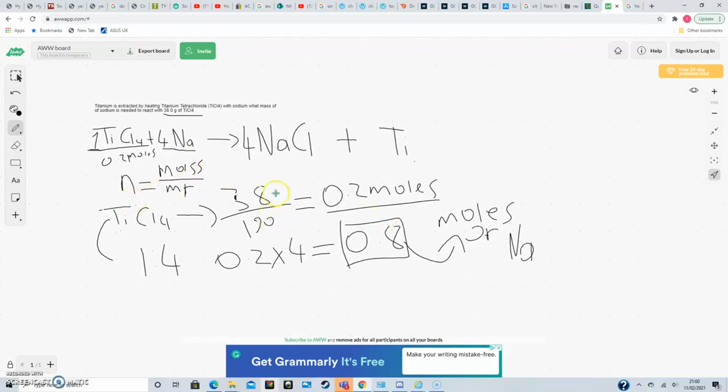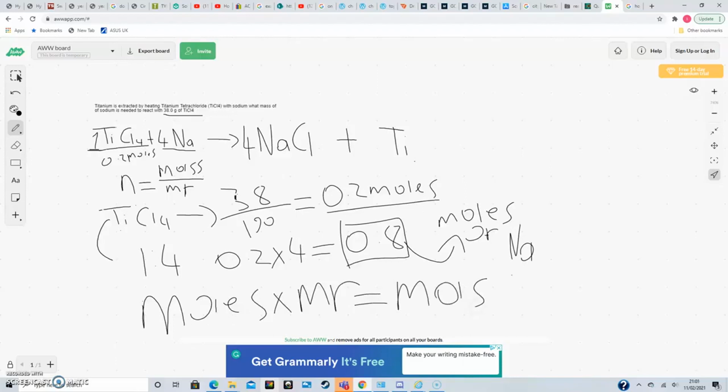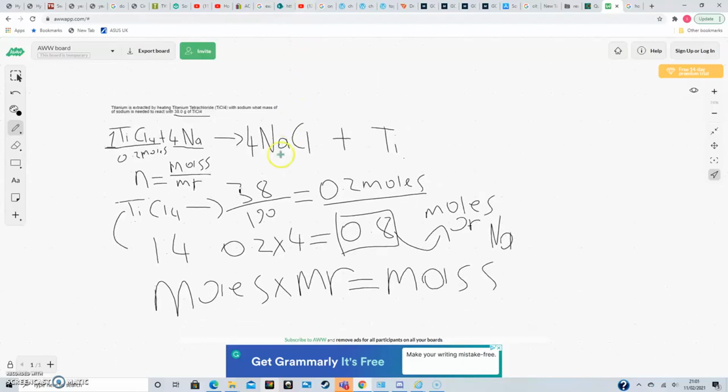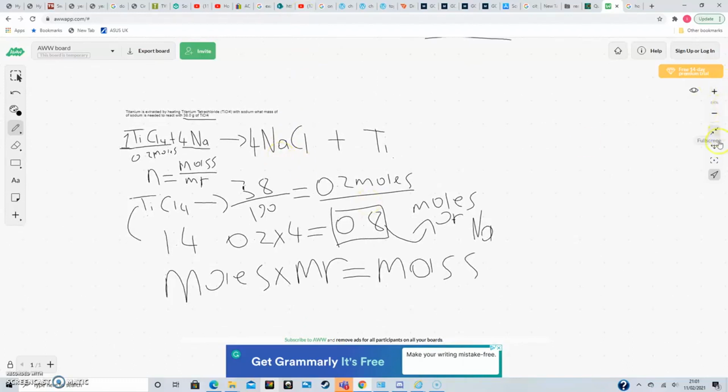Now, since we have the moles and we know the Mr, we can work out the mass. If we rearrange the formula, moles times Mr equals mass. I'm just going to zoom out a little bit, sorry.